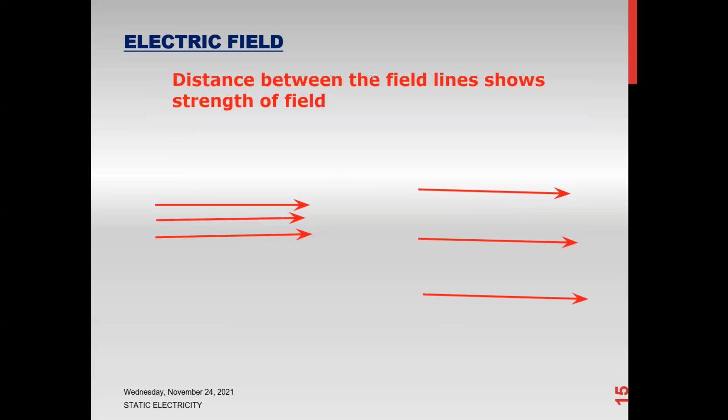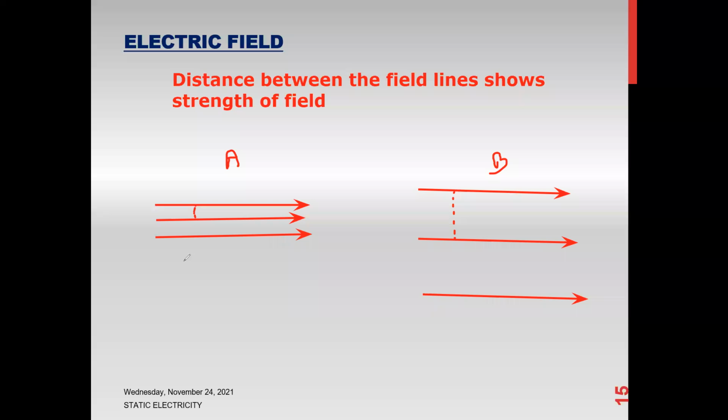So which one is the stronger field, A or B? The distance between the field lines shows the strength. If the field lines are closer, it is stronger. If field lines are away, it is weaker. So which is the stronger electric field here, A or B?